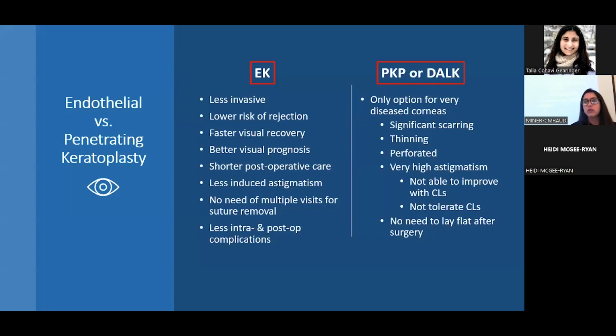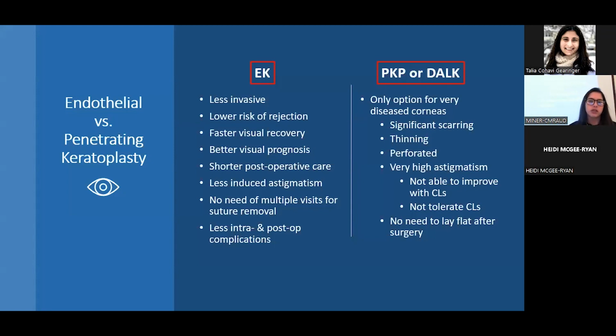Less induced astigmatism because we don't have to suture the transplant to the eye. No need for frequent multiple visits to remove those sutures and treat that astigmatism, and many fewer intra- and postoperative complications. But there are patients for whom there's no other option, and the ones that we can offer are the PK or the DALK.